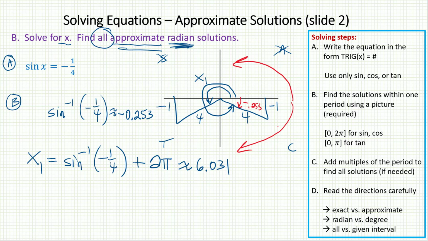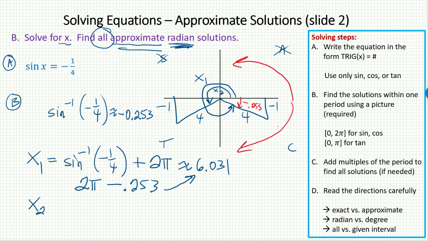Another way that I could have written that down is I could have said, well, that large angle almost goes around a full 2π radians. It's just a little short by that 0.253. And if I had done that, I would also have obtained 6.031 radians.